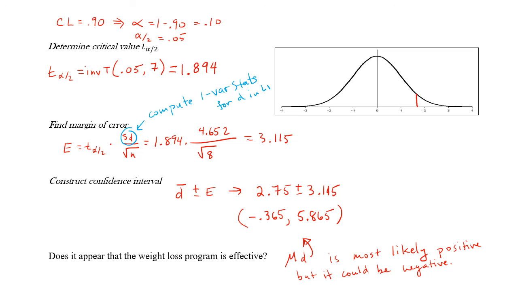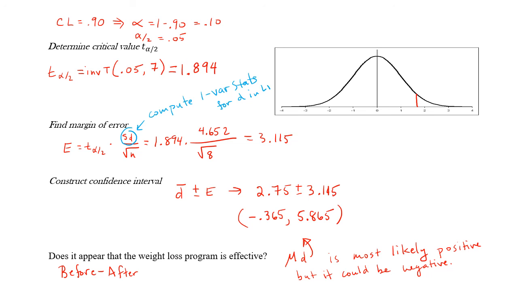And remember, if it's negative, what that means is that when I compute before minus after, if that's negative, it tells me that the weight actually went up instead of down.